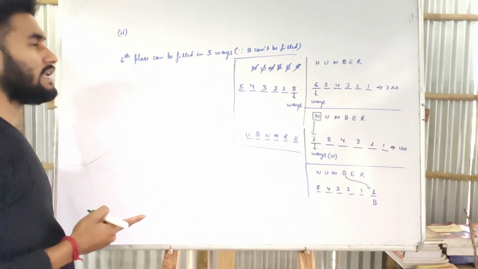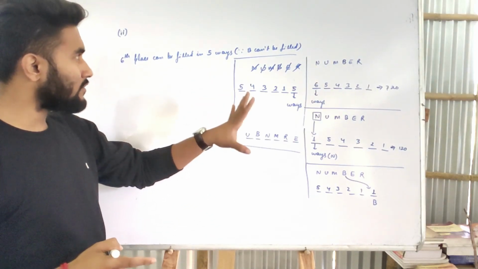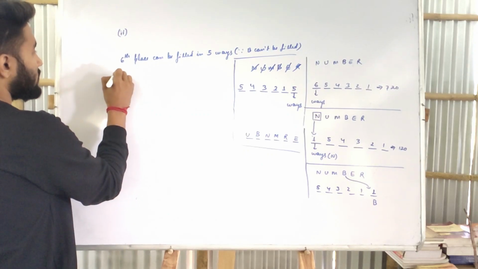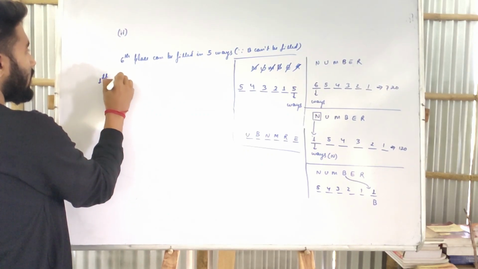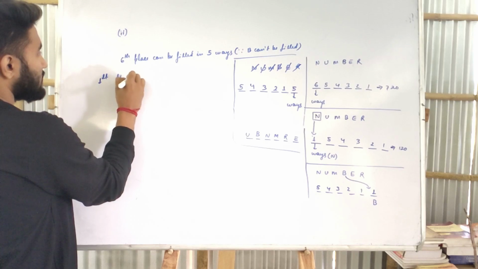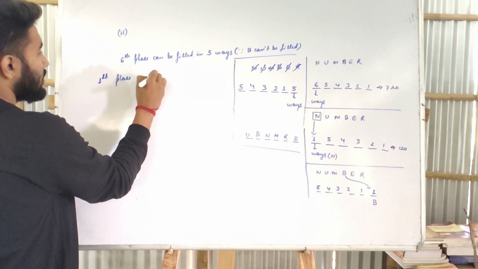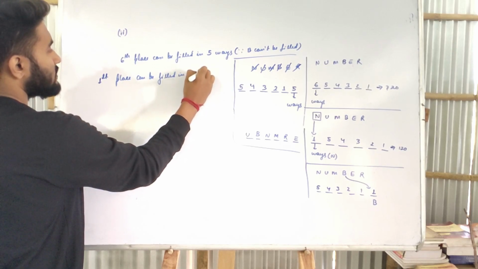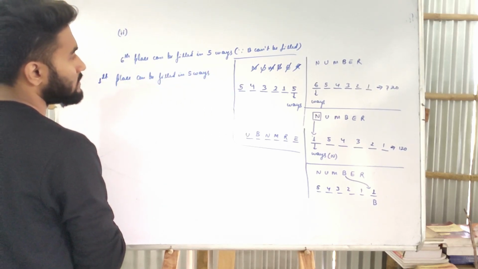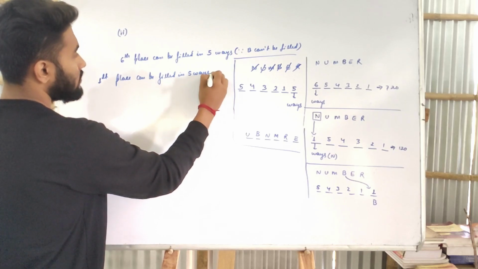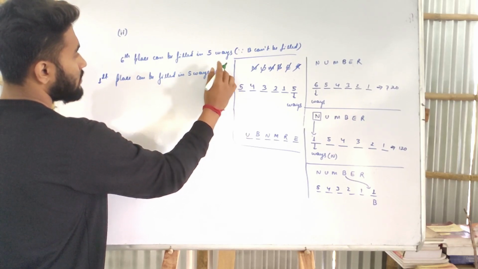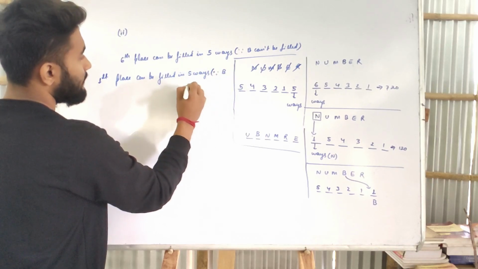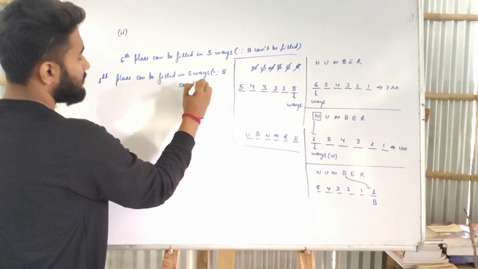Sixth place can be filled in 5 ways. Why 5 ways? Why not 6 ways? Because B cannot be filled. Now come to the first place. First place can be filled in again 5 ways. Why 5 ways? Since B can be filled.